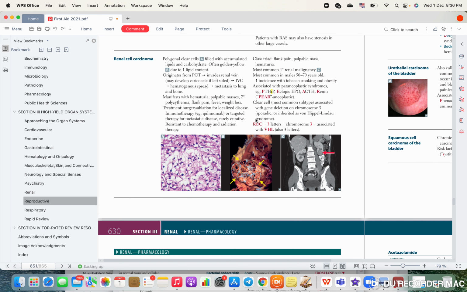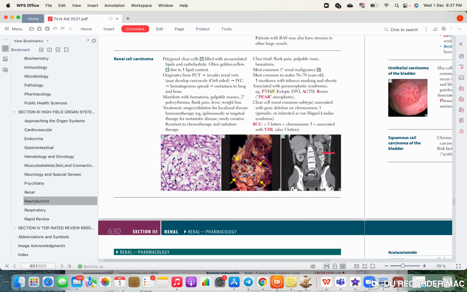Atherosclerosis will be an old man, but a young lady will be fibromuscular dysplasia. They love this question, be comfortable with it. You also can hear a bruit, which is a sound present near the umbilicus, to the right and the left of the umbilicus.